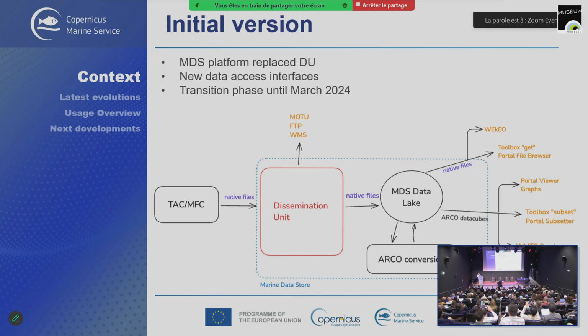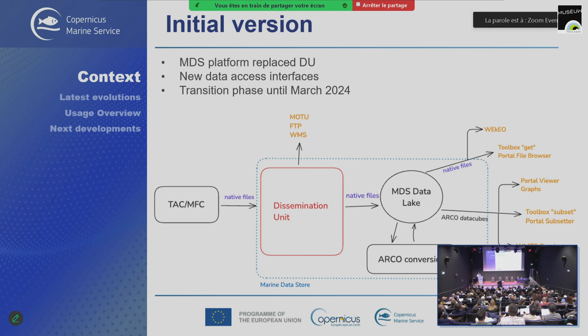At the beginning, with the first version of the Marine Data Store as we know it right now, we were having both systems: the dissemination unit providing data was still operational, and then we had the Marine Data Store with the ARCO conversion, the ARCO data cubes, and all the services like the viewer, and then the toolbox arrived.